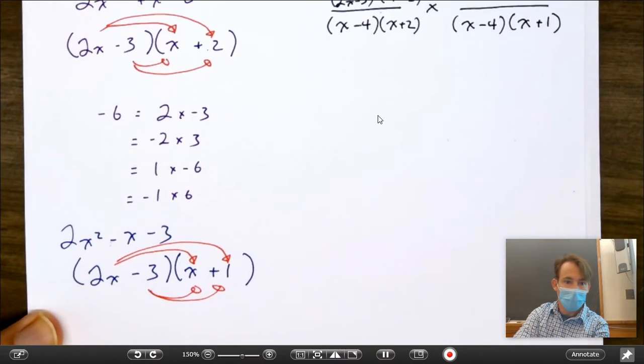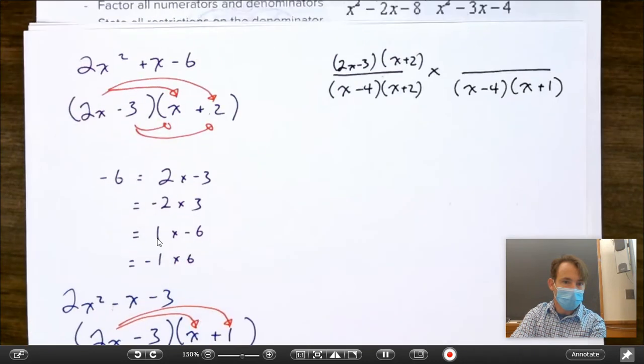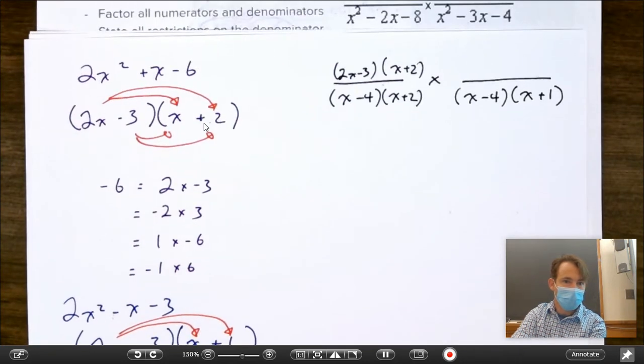Where? The 2x subtract 3. So here 2x times 1 gives me 2x, and -3 times x gives me -3x. The one that we did up top: 2x subtract 3 and x plus 2. Here, 2x minus 3 times x plus 2. It's supposed to give us 2x squared plus x minus 6.